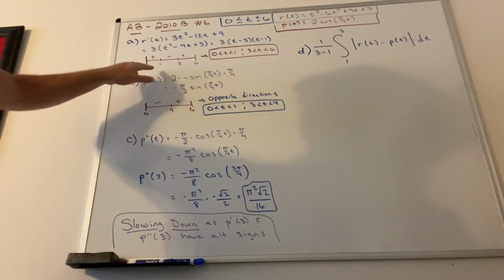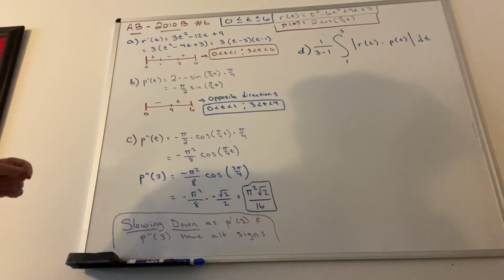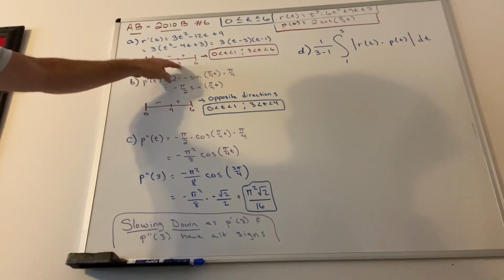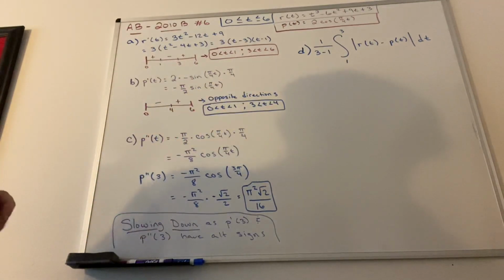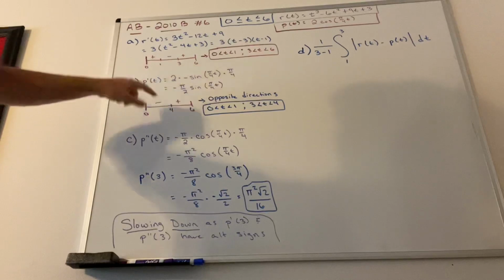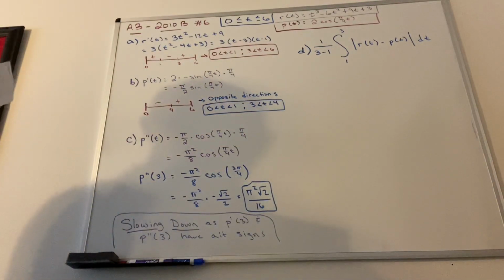You have a closed interval, got to have those end caps. R prime of t is equal to 0 at 1 and 3. Plug and chug, you guys know how to do that. And then he's moving to the right where that's positive, and it's positive between 0 and 1 and between 3 and 6.